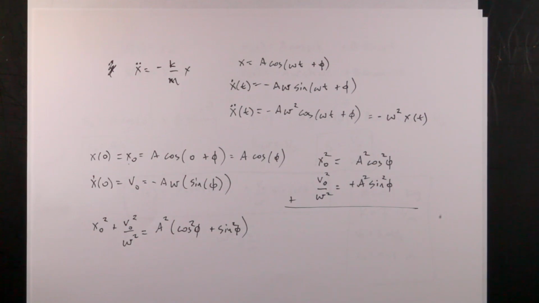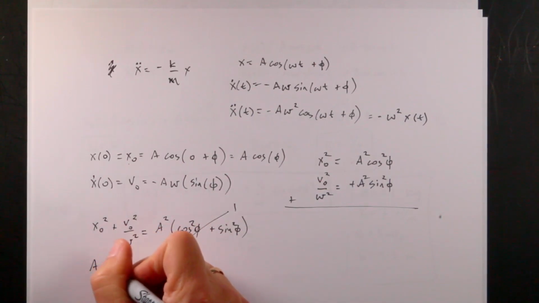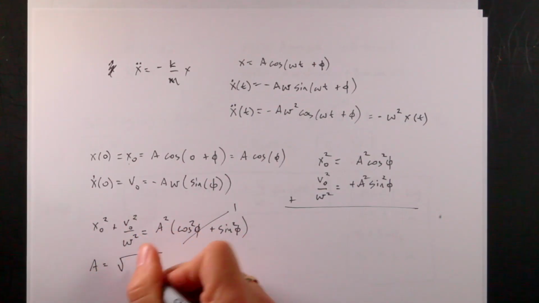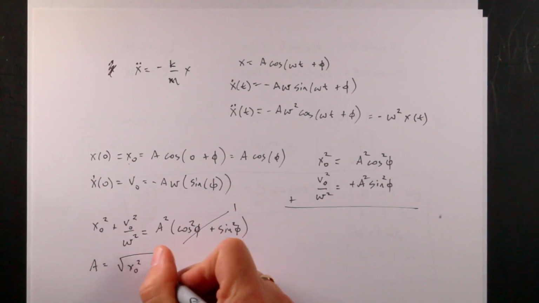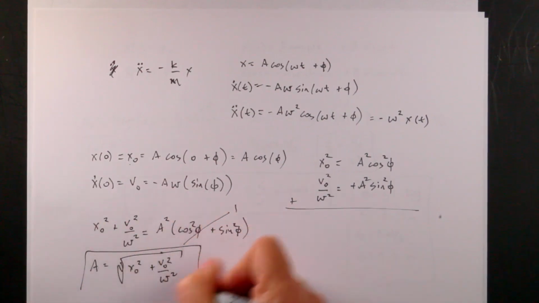And in this case, you can see that cosine squared phi plus sine squared phi is 1. So that term's gone, and I get a equals the square root of x0 squared plus v0 squared over omega squared. And I know that looks painful, but it's fine. Don't worry about it.